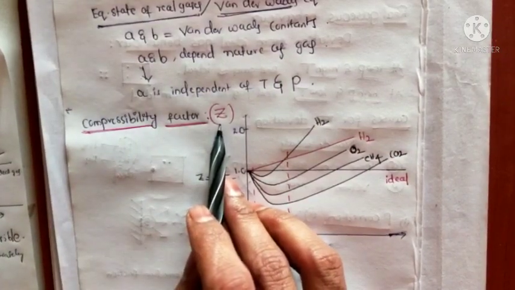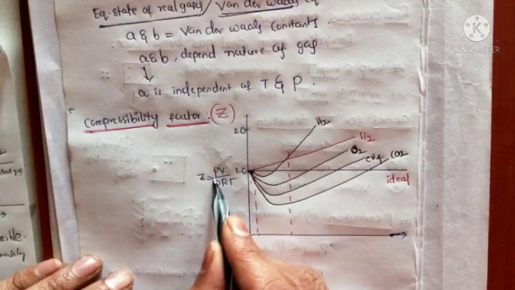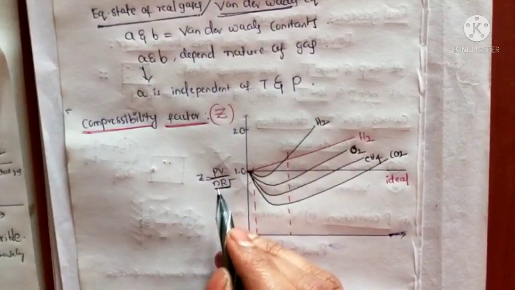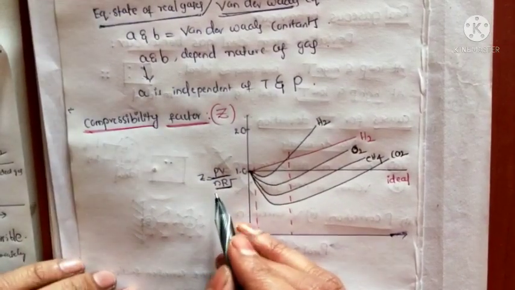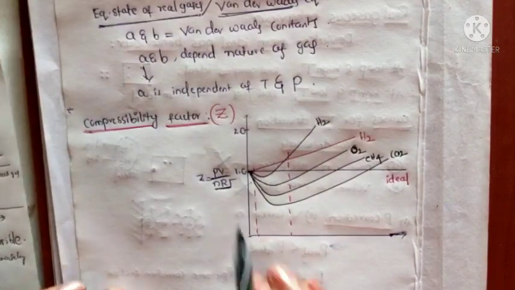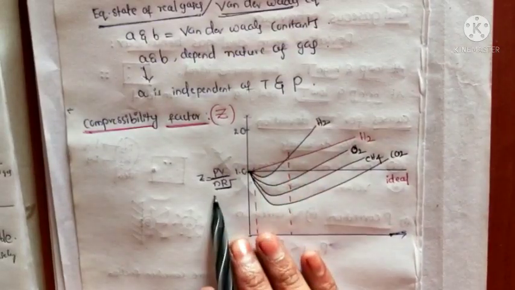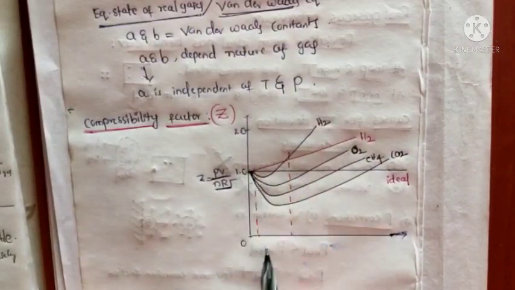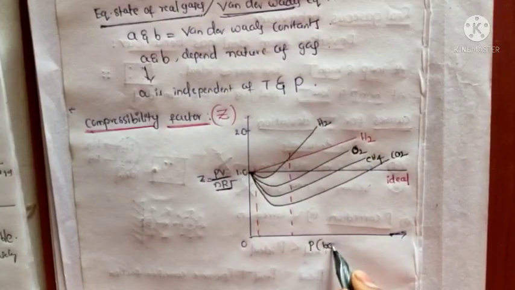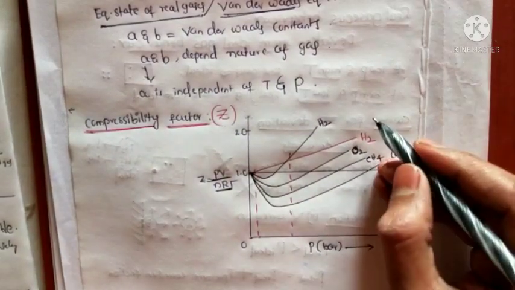Mathematically, the compressibility factor is the ratio PV divided by nRT. We will look at the graph of the compressibility factor Z against the pressure, measured in bar. Here are also some graphs at constant temperature.